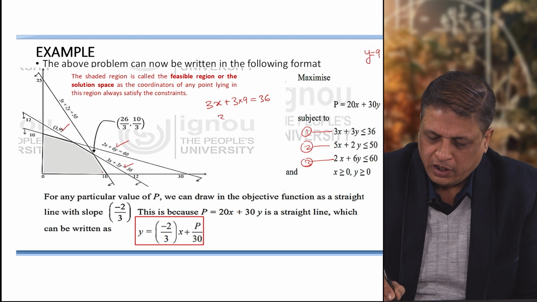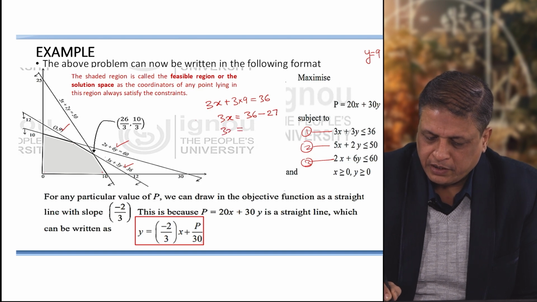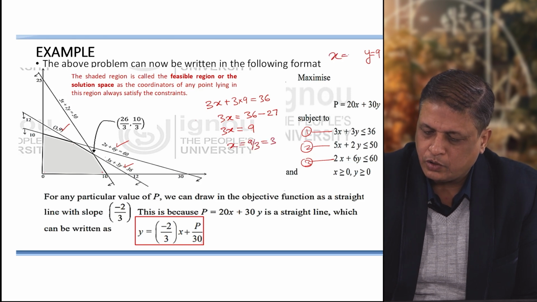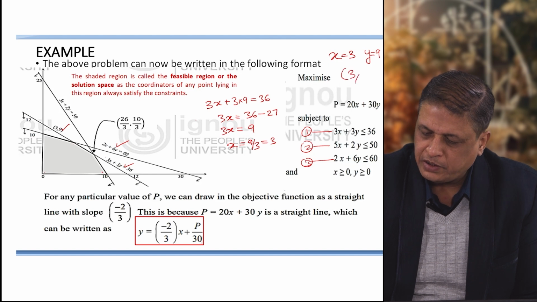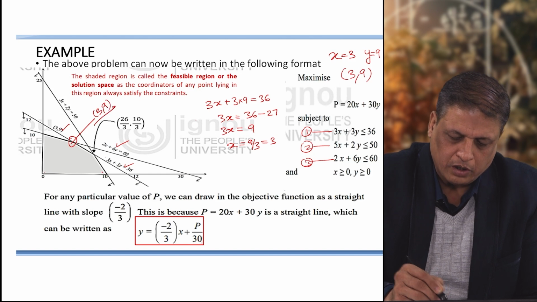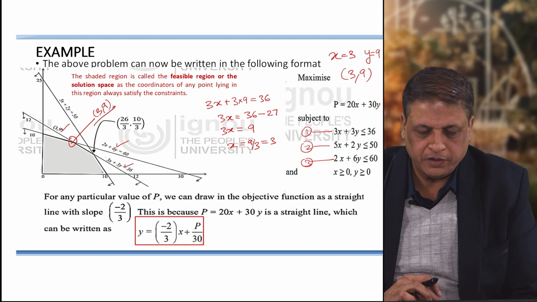So 3x is equal to 36 minus 27, that means 3x is equal to 9, x is equal to 9 by 3, that is equal to 3. So you got x is equal to 3, that means the coordinate is 3 comma 9. I hope you understand how we got the point of intersection.